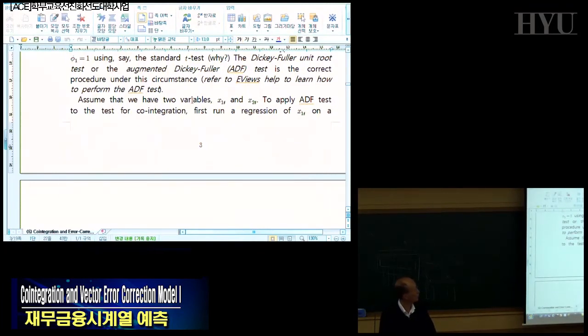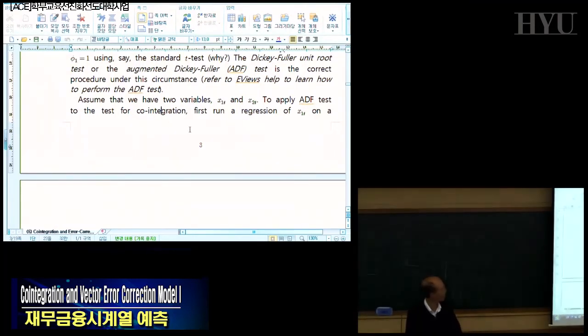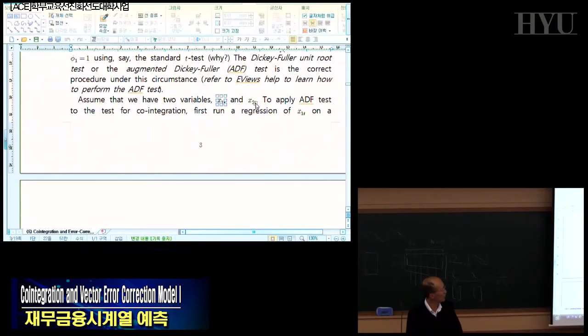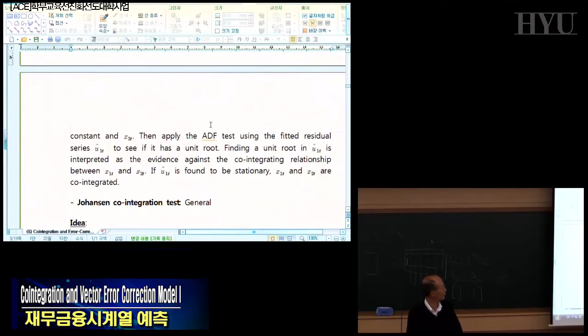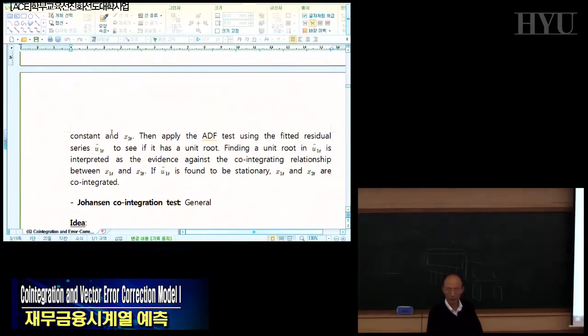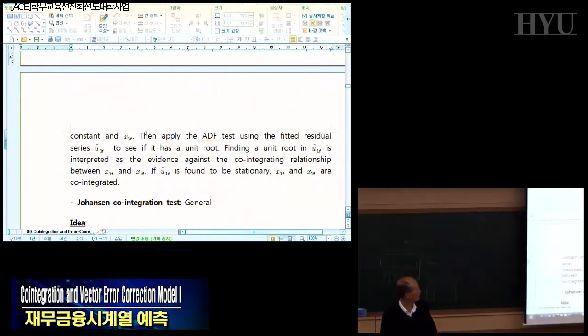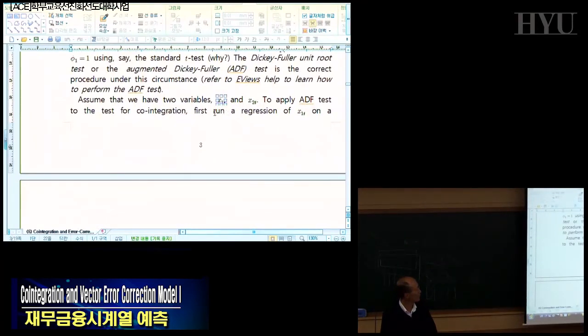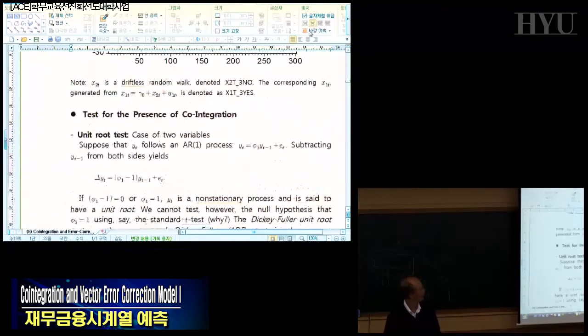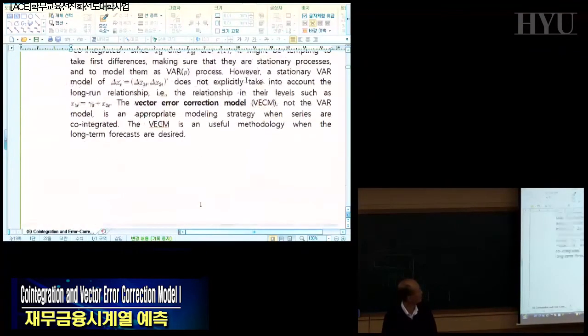If you have two variables, x1t and x2t, testing for cointegration requires first running a regression of either this one on that or that one on this. Simple regression, simple OLS. Then you can compute the residual. By running a simple regression, we mean we find the relationship between these two.